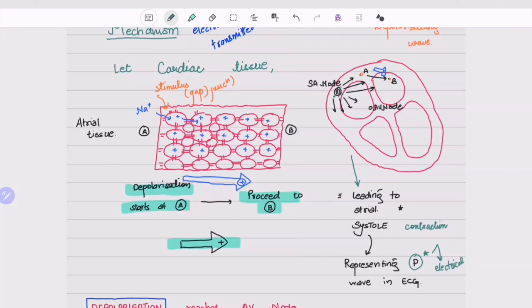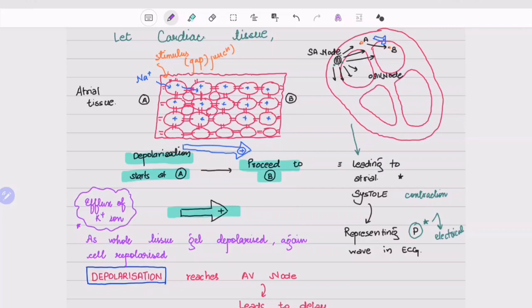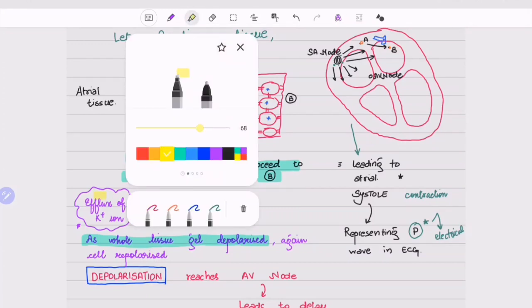Now, as the whole tissue gets depolarized, repolarization occurs through the efflux of the potassium ion.